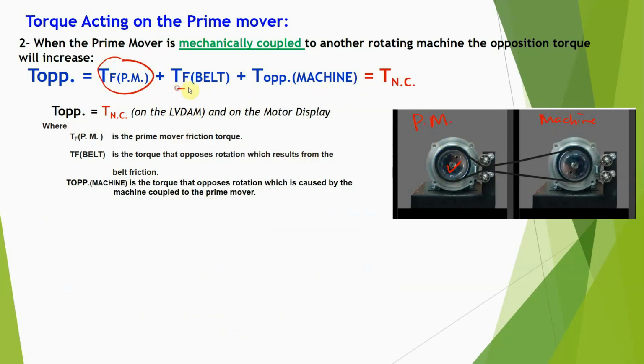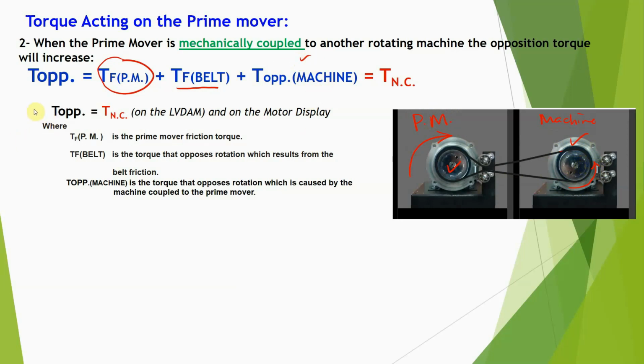Plus we have another friction which is due to belt friction, right? If our rotation is in this direction, the belt friction is also opposing this rotation. And also we have the torque opposition of the machine itself. The same thing that we analyzed for the prime mover torque friction, we have in the machine, there is also a torque, right?